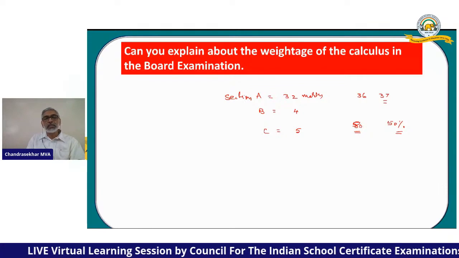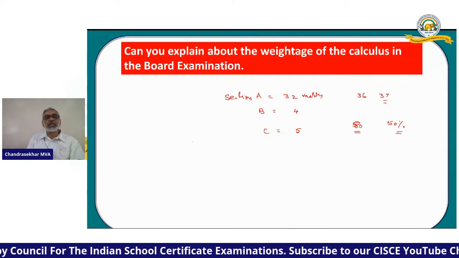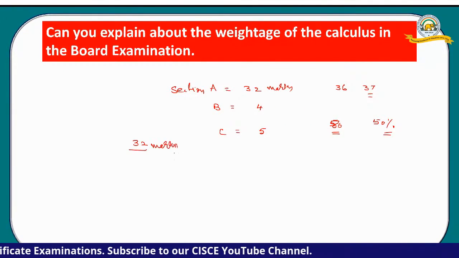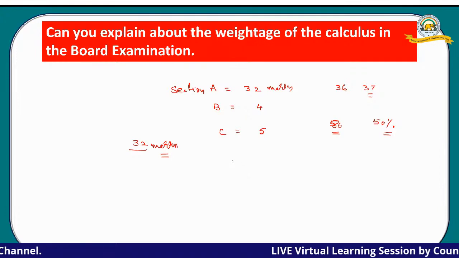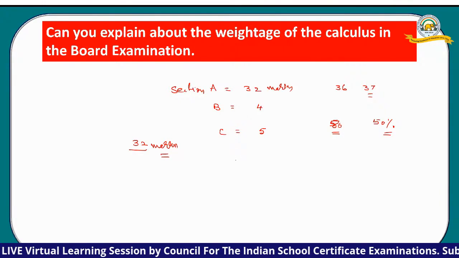So in this 50%, or in Section A, 32 marks. Yesterday's session and today's session, you have learned application of derivatives: tangents and normals, increasing and decreasing functions, and maximum and minimum.